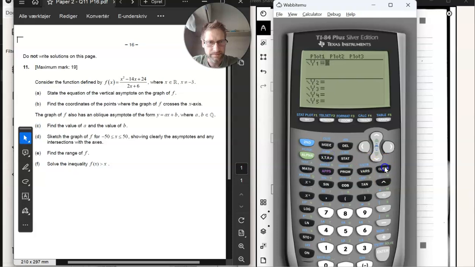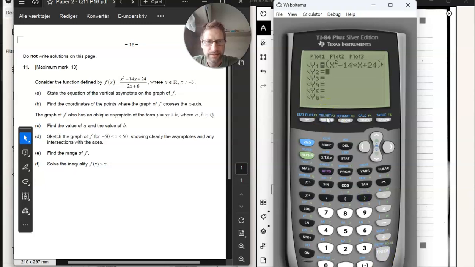Bracket x squared, right, minus 14 times x plus 24, bracket, divided by, bracket, 2 times x plus 6. That's my function.